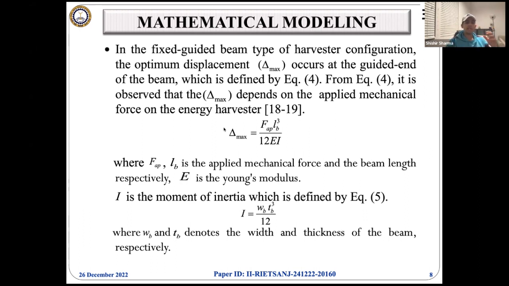And as you can see, the delta max is the equation for the optimum displacement, where one point to take note of is it is directly proportional to applied mechanical force of the energy harvester, and it is also dependent on the length of the beam and the Young's modulus, which comes out almost 140 for silicon, I think it's 140 for silicon, and over moment of inertia, which is a constant for the rectangular beam, which you can see right here.